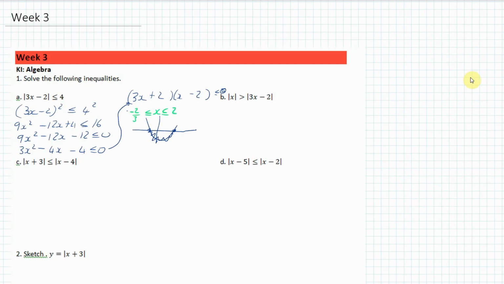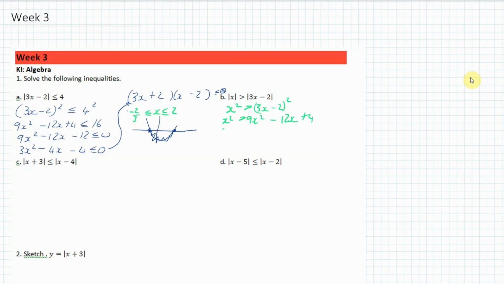Now, moving on to this next one here. I square both sides, and then I'm going to square this here. So I get x squared is greater than 9x squared minus 6x minus 12x minus 12x plus 4.